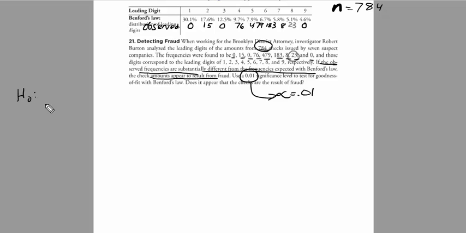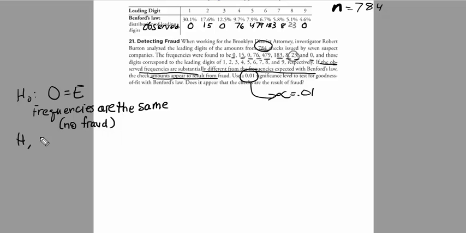So H0 is that O is equal to E, or the frequencies are the same. And if they're the same, that means that there's no fraud. And H1, the observed, is not equal to the expected frequencies, meaning that the frequencies are different, and that means that there is fraud.